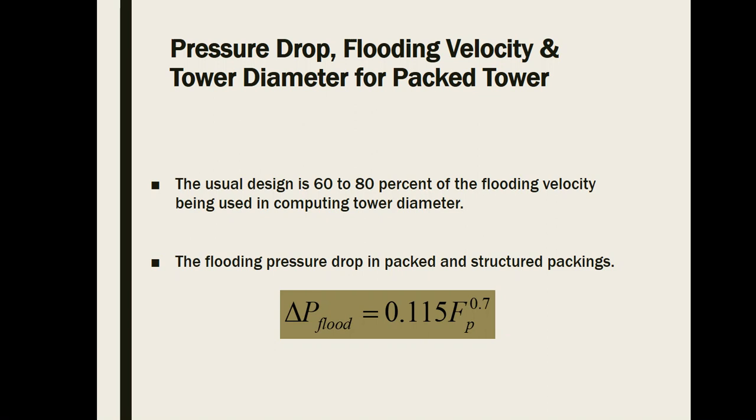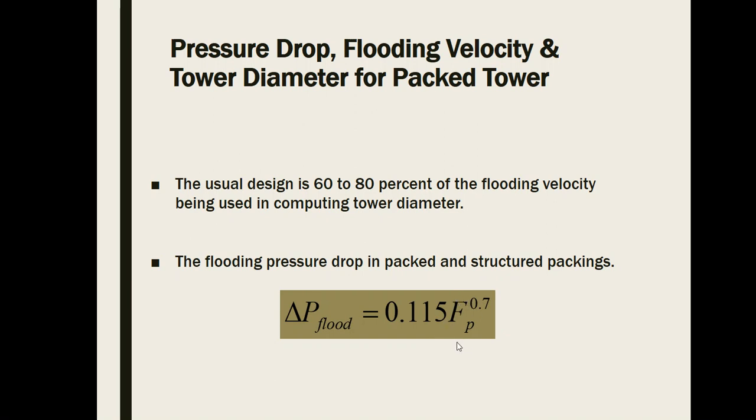What is used often is 50% of the computed value of the flooding velocity, so as to determine the tower diameter. Now, if a pressure drop is given in the problem, then we can compute it directly based on this formula. Though if it's not given, we still need to determine the pressure drop because it's needed in the determination of the flooding velocity.